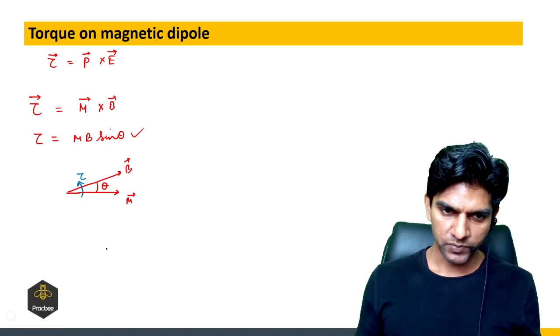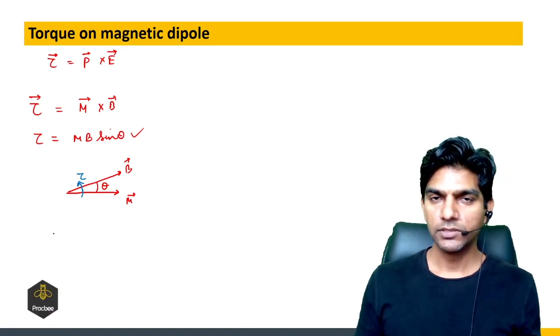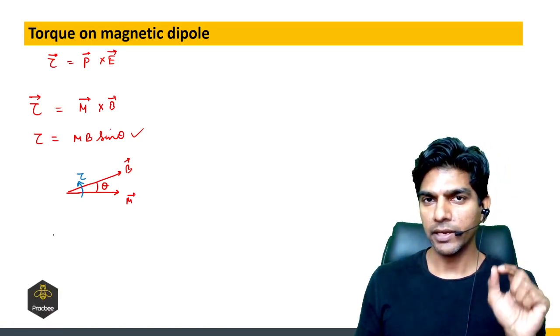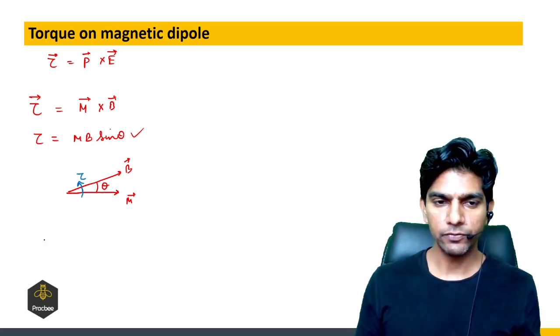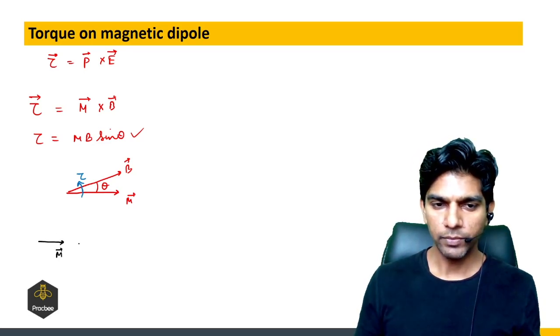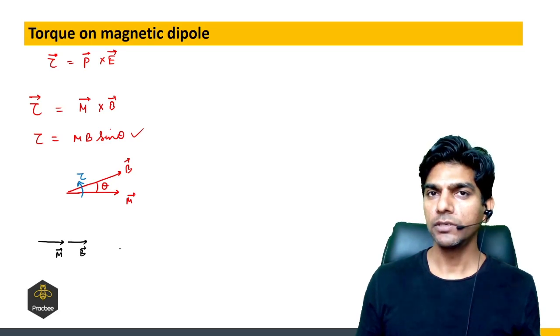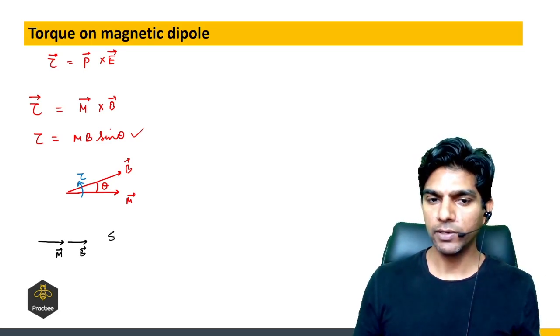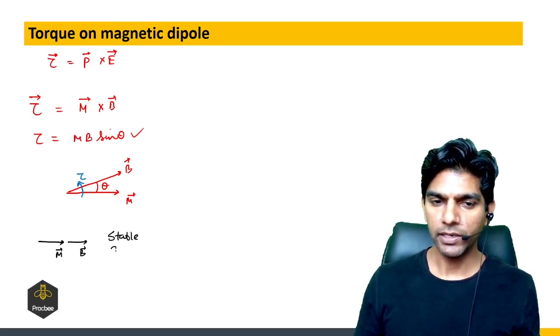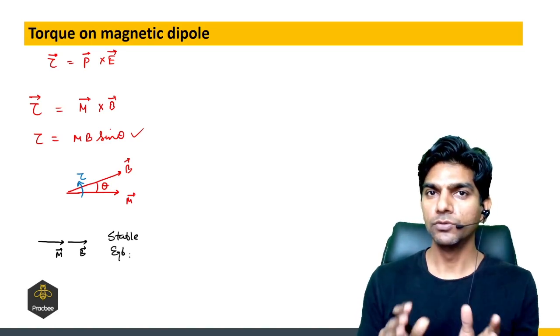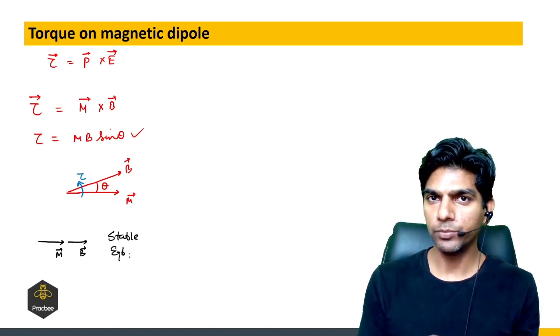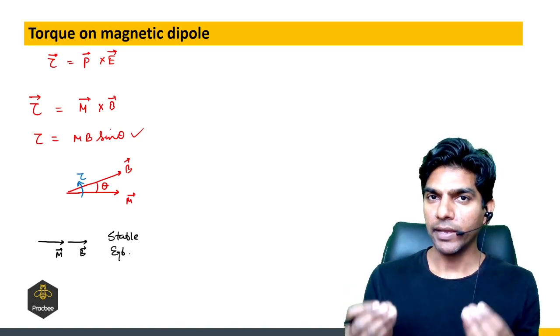We should also remember some important configurations of a magnetic dipole in an external magnetic field. If M and B are parallel to each other, we'll call this a stable configuration. They are in stable equilibrium because there is no torque experienced by the magnetic dipole and there will be no magnetic force.